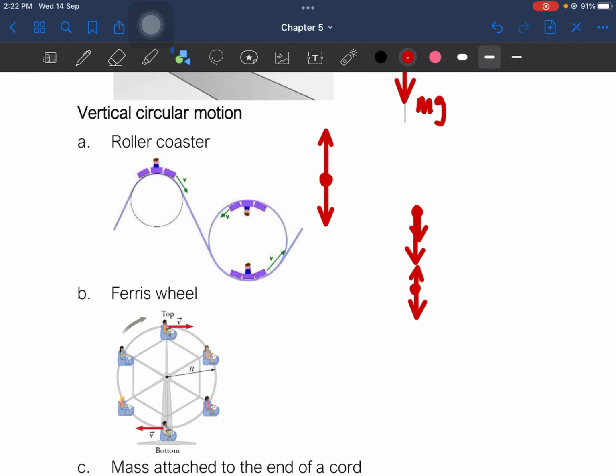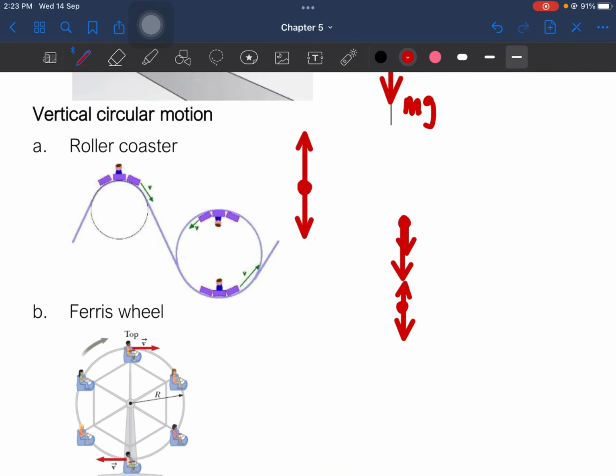If I label them, it will be G, and at point A, I label this as point A, B, point C. Okay, so and then this one is the G, and then this is NB, this is MG, this is NC.